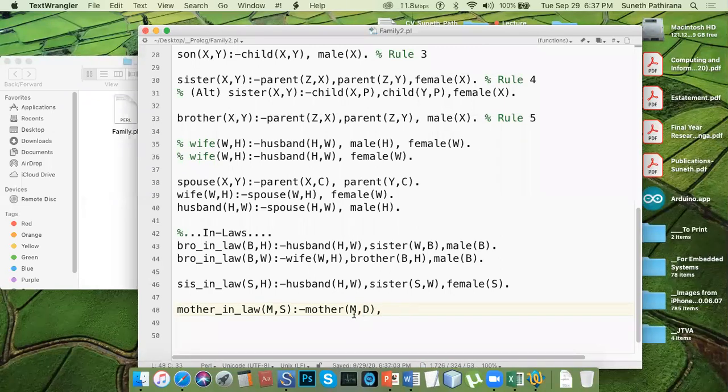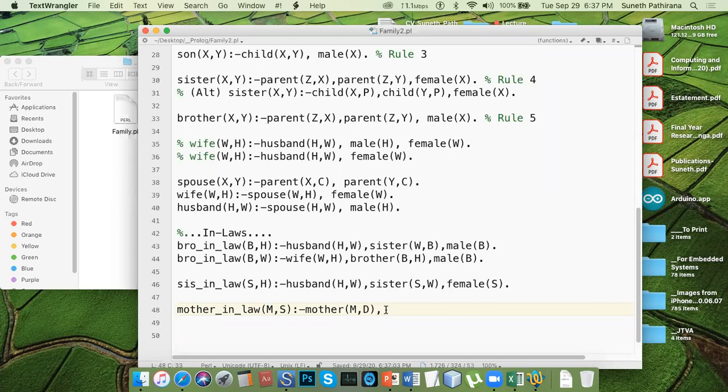Since the mother relationship already checks the gender of M, we don't need to check the gender of this M or mother-in-law. Otherwise, if you use a child-parent like relationship, definitely you have to check the gender of the M or mother-in-law. Then is that the only requirement?